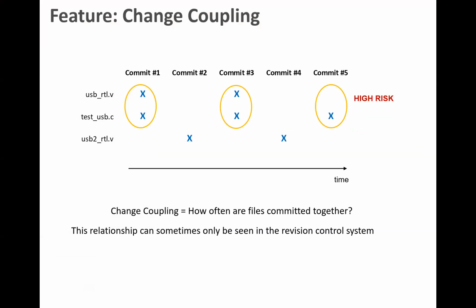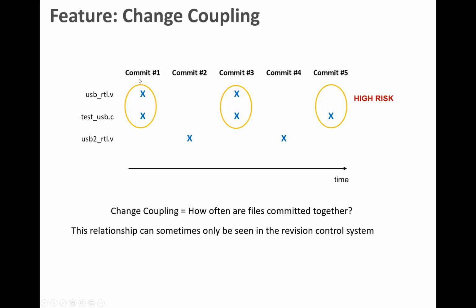What I was referring to is something called change coupling, because you can see relationships in the revision control system that you cannot see anywhere else. In this example, there's one Verilog USB RTL file, and there's one piece of test code written in C, and they are related together. There's no way a tool can follow through Verilog to the C code and trace it back and forth.